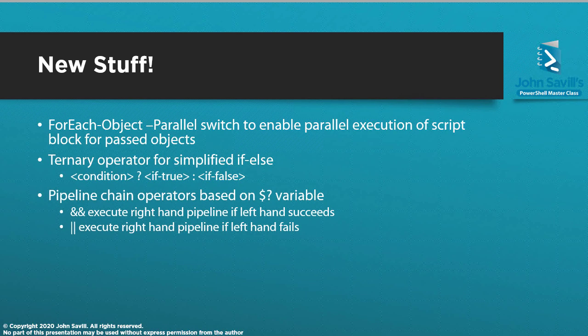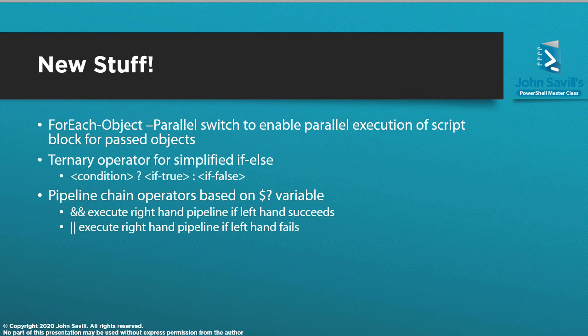We now have these new pipeline chain operators. It's based on the $? variable, which returns true or false if it was successful or it failed. I can think of this as kind of and, or, i.e. the pipe. The and is like: run what's on the right hand of the pipeline if the left hand succeeds.